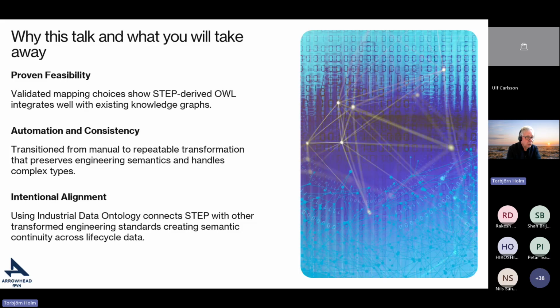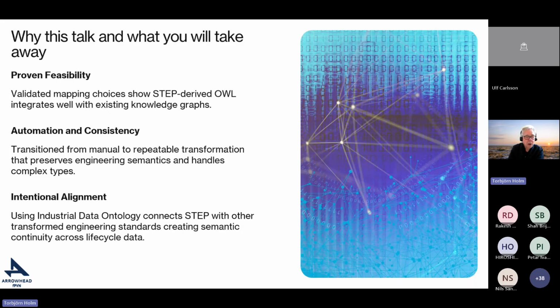From the beginning we did it the manual way, then we did a second round, and we have now done it in an automatic way, and we can still preserve engineering semantics and handle complex data types and other things that exist in STEP, without losing them when we create an ontology out of it.